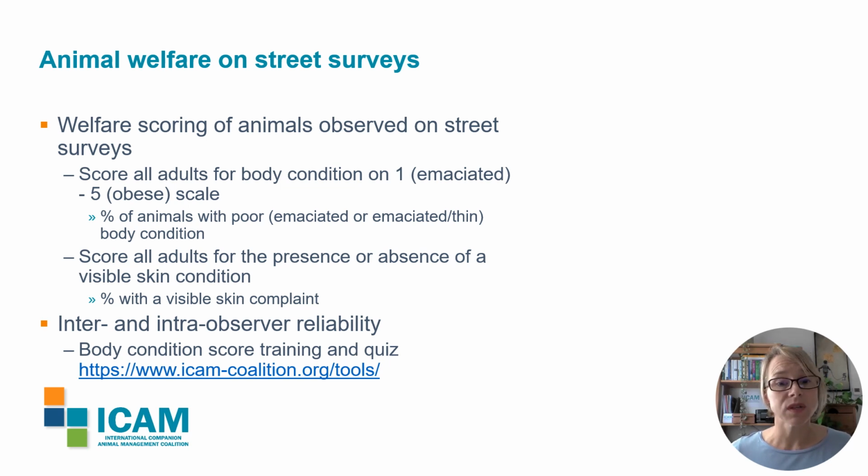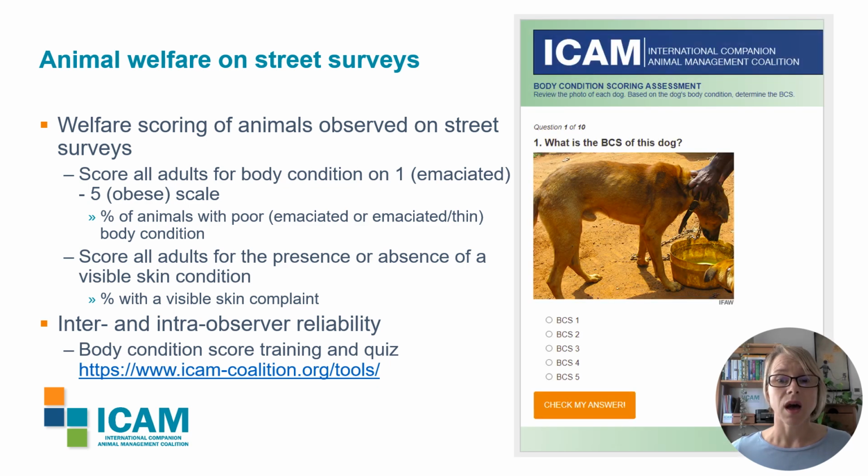To help you achieve this for body condition scoring, ICAM has developed a body condition scoring training set of PowerPoint presentations and a quiz that you can access on our website and use to test your observers. Although I will say that testing people with real animals seen on test or pilot surveys will also be a necessary part of their training.